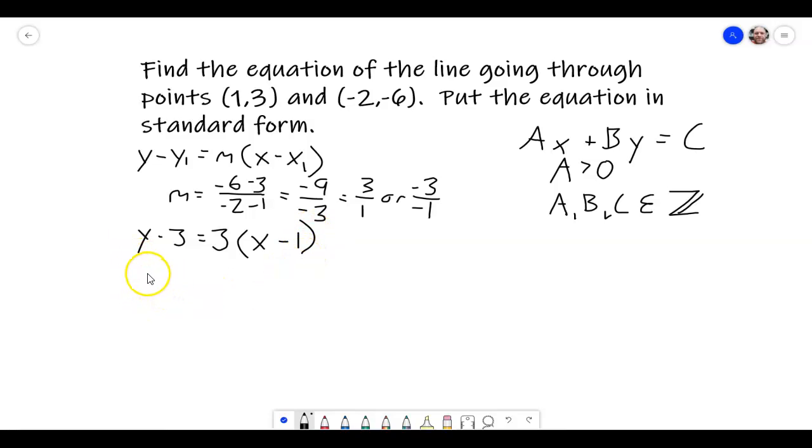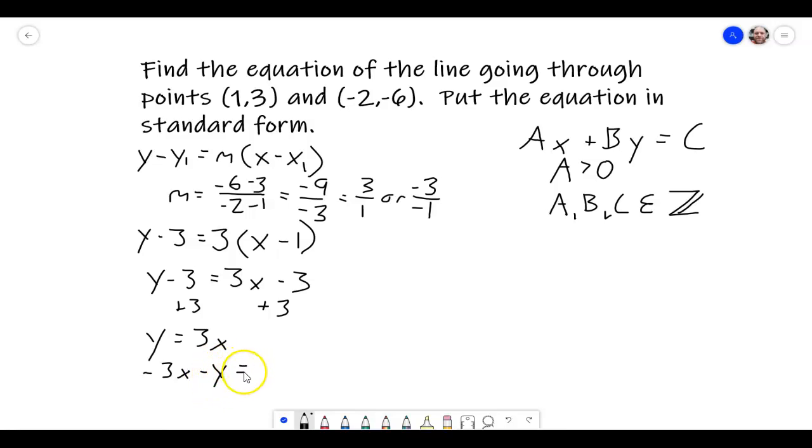And then we're going to get y minus 3 is equal to 3x minus 3. We can add 3 to both sides, and we're going to get y is equal to 3x. And then we can subtract 3x from both sides. So I'm going to get -3x plus y is equal to 0.